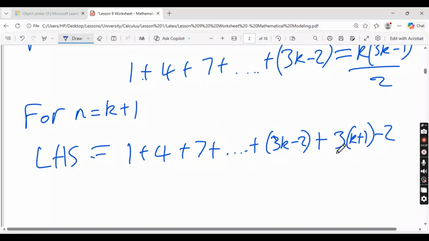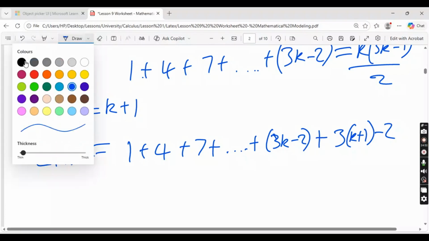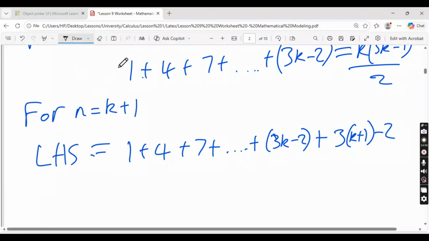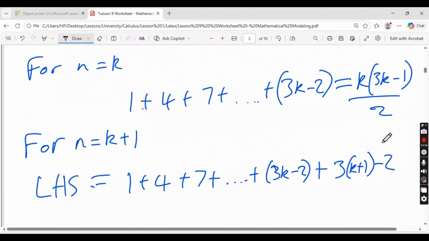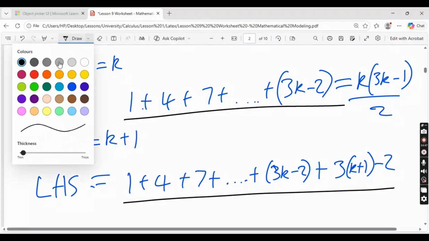Okay, so I want to ask, what is the difference between this statement and this statement? Let me use a different color, maybe black.